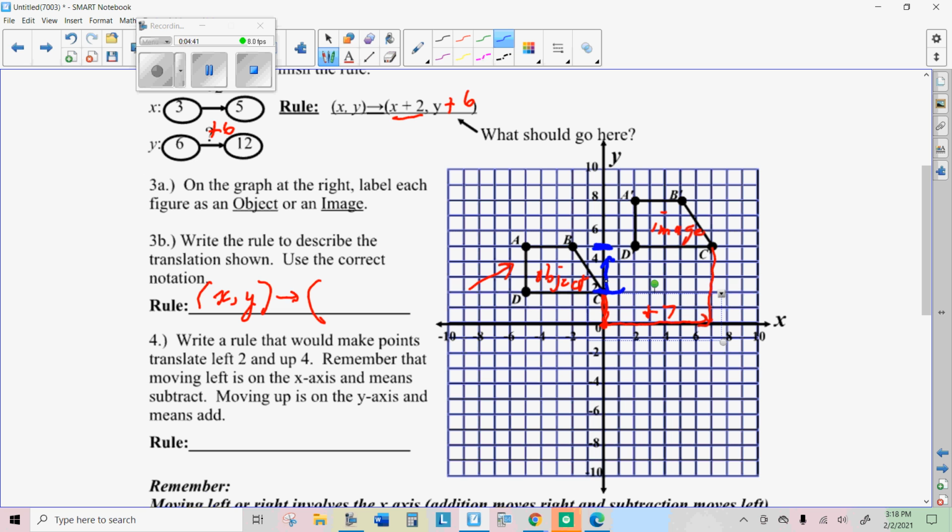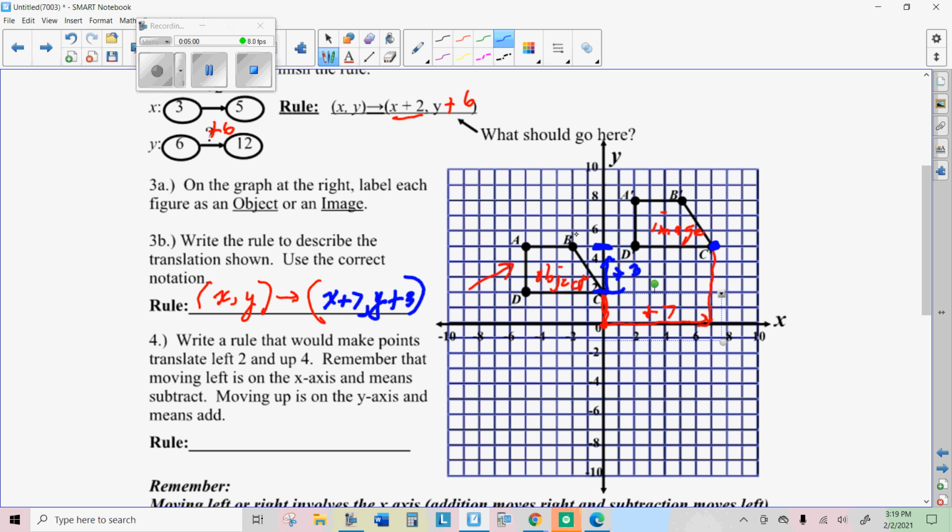We went plus 3 to get our new C point. So our rule is x plus 7, y plus 3.